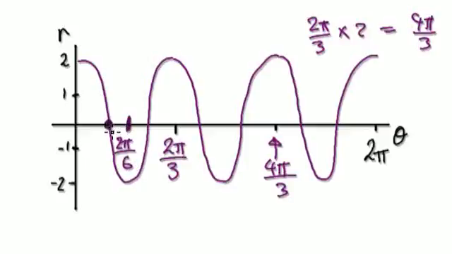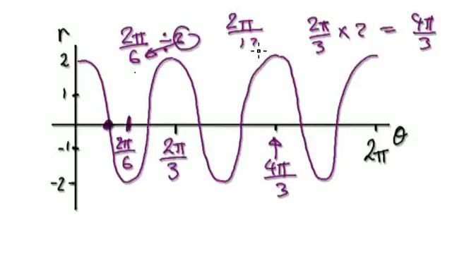If you cut in half, this point here will be... hang on, let me think, sorry. From here to here, it's 2 pi over 6. This point here would be you getting this and then cutting in half. So that would be 2 pi over 6 cut in half, which is 2 pi over 12.